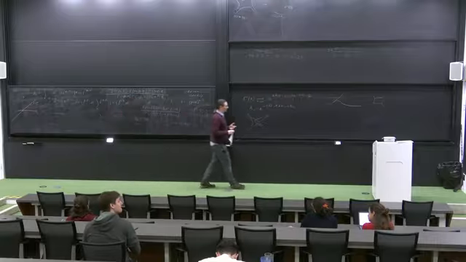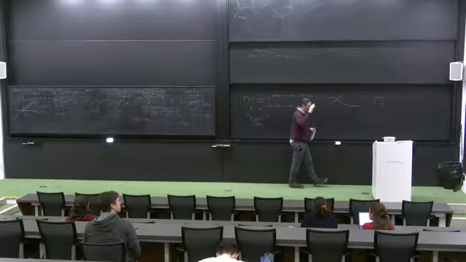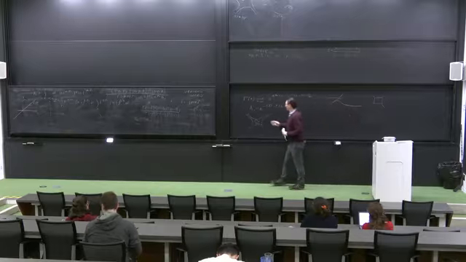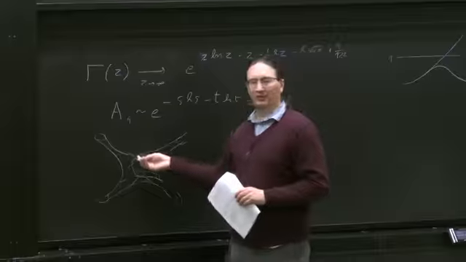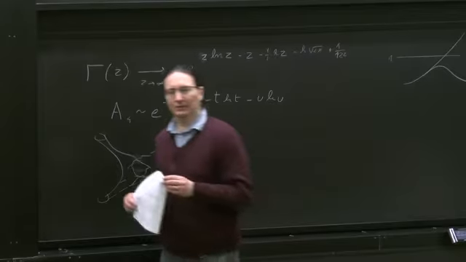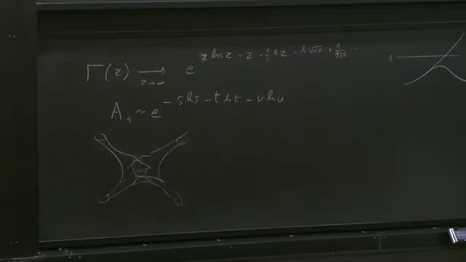So it should be possible to show that as you try to take the unitarity cut, you get contributions from regions where the Riemann surface is splitting into pieces, and that you're summing over intermediate channels.